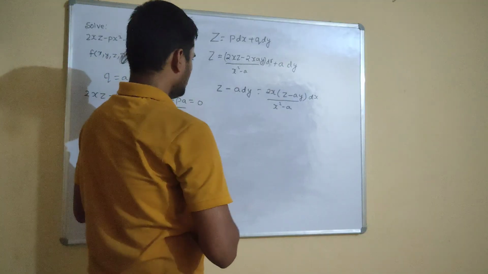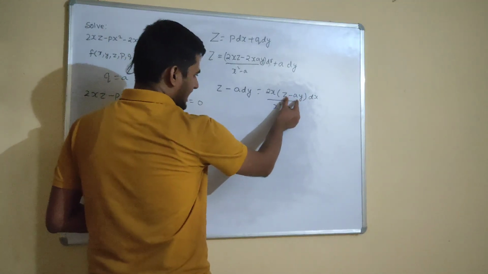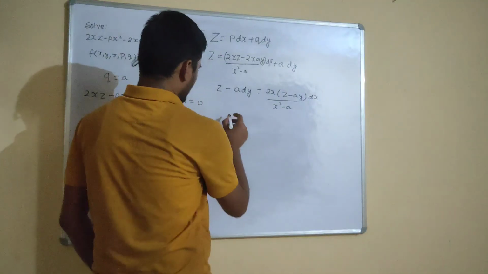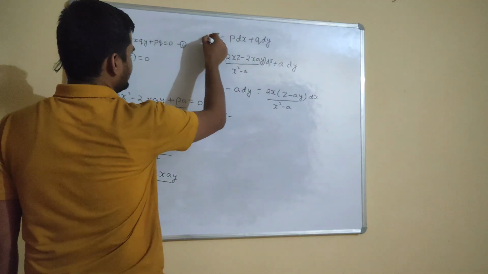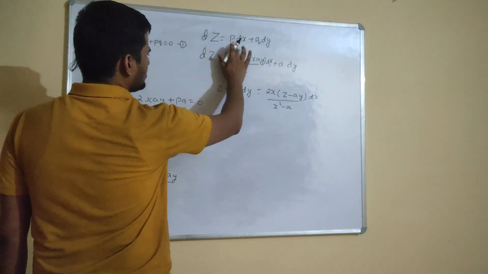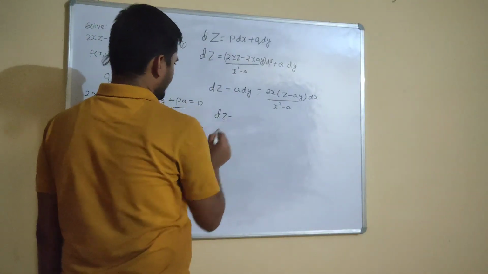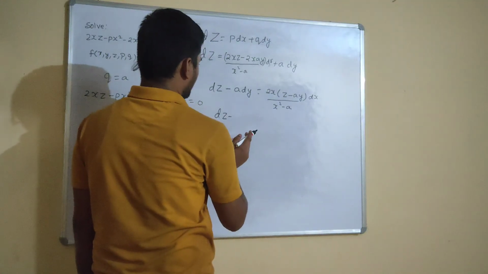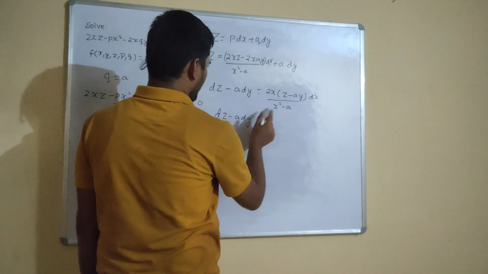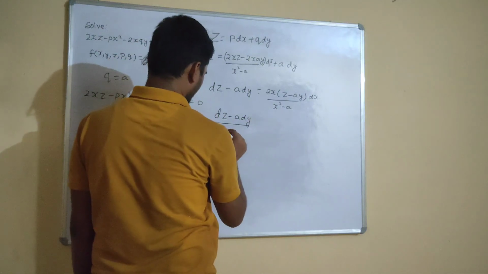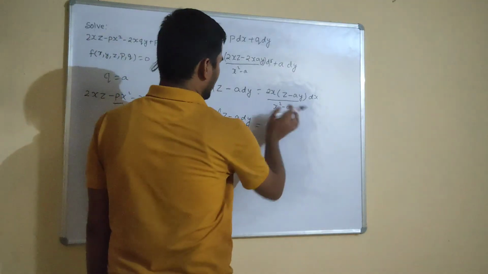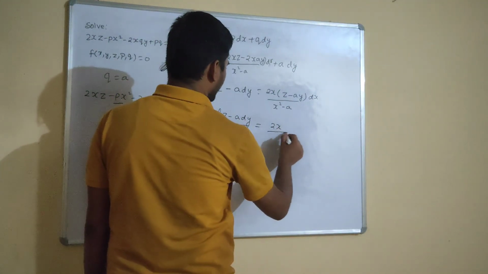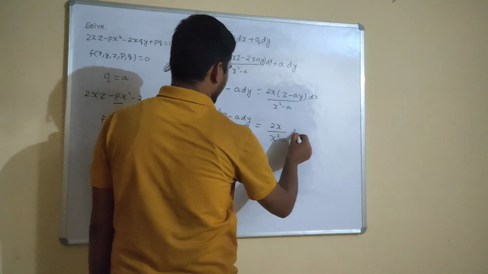What I can do? This z minus ay I can put below this. So dz equals to p dx plus q dy is the equation. So dz minus a dy divided by this equals to, in the RHS you are left with 2x divided by x square minus a dx.